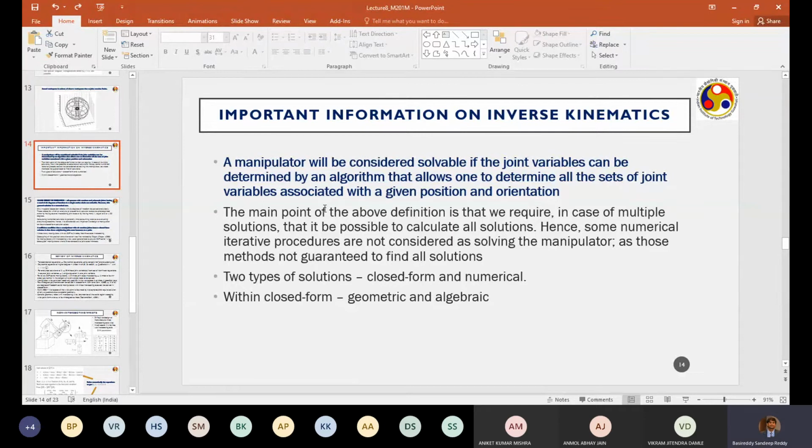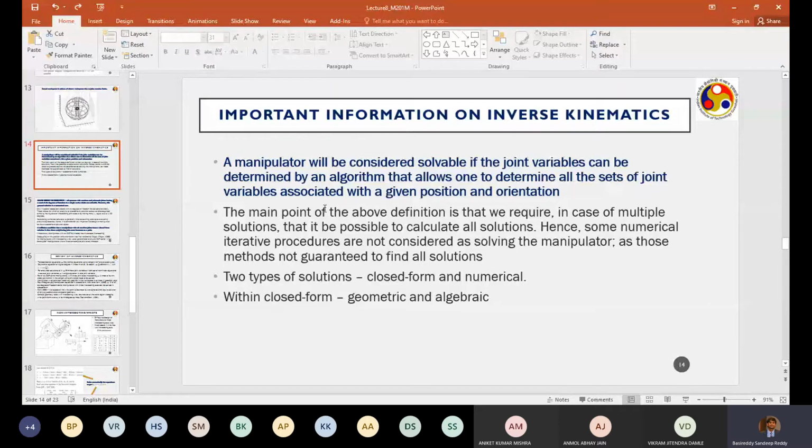The fundamental point about this way of defining solvability is that when you have multiple solutions, it is possible to actually calculate all those solutions. In some cases, you know that there will be multiple solutions, but you may not be able to get analytical expressions. You may have to solve them numerically.